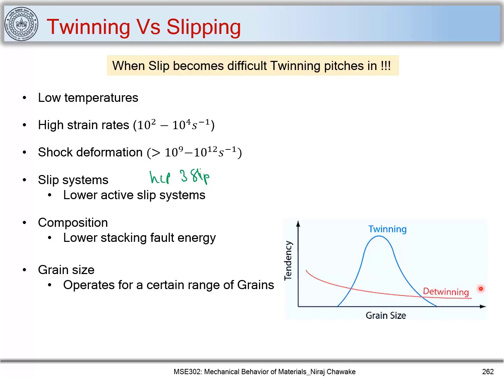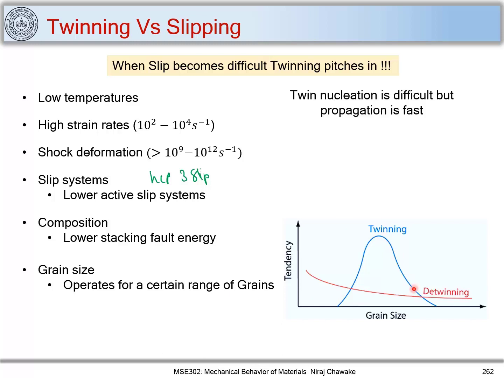At higher grain sizes, slip occurs, whereas at lower grain sizes, if twinning starts to form, it is accommodated by a process of de-twinning. So here the plastic deformation will occur by twinning and de-twinning of the material. At higher grain sizes you just have slip occurring. So you have a twinning tendency for certain grain sizes.